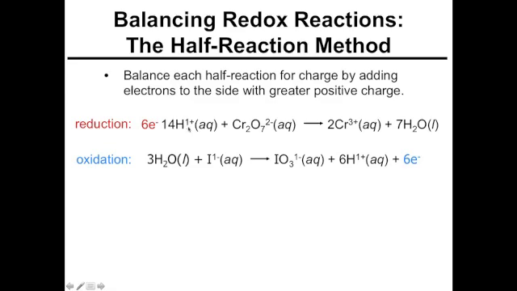So I have a total of +14 and then a -2 from the dichromate ion. So +14 and a -2 give me a total of plus 12 on this reactant side. On this side, I have a plus 3, and I have 2 of those chromiums, so I have a total of plus 6. The water is electrically neutral, so it doesn't have any charges.